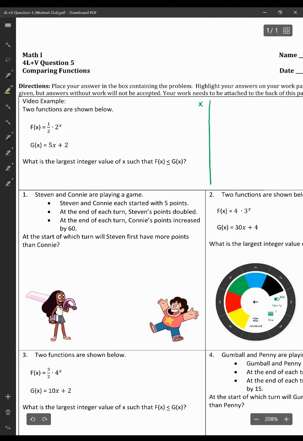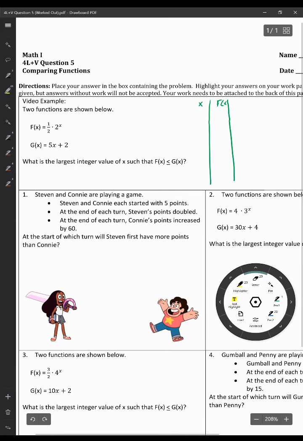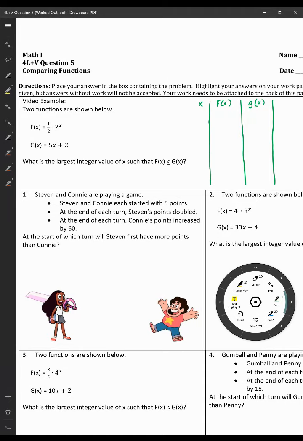I'm going to have our x column, our f of x column, our g of x column, and then a true or false column. I'll explain that when we get to that part, all right? So for x, let's just start with 0 and see what's going on in our scenario.